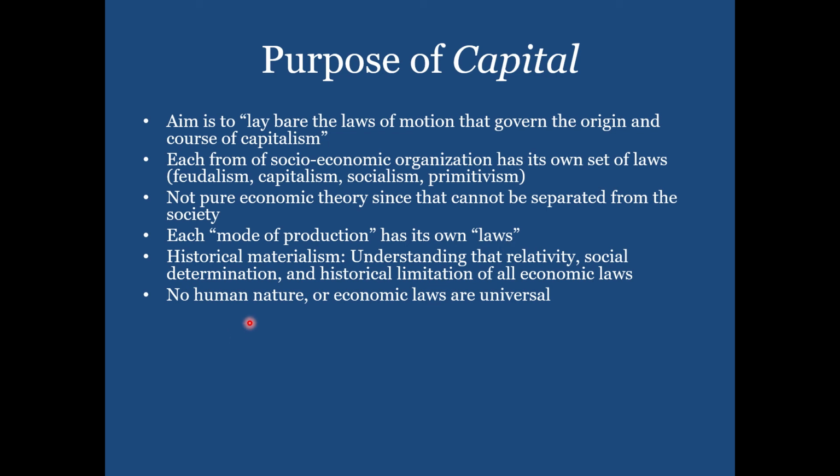All right. Now this is interesting. For a Marxist, there is no human nature, and no economic laws are universal. They're all derived from material reality, straight up. So humans are made by their material environment. Remember we talked about determinism?